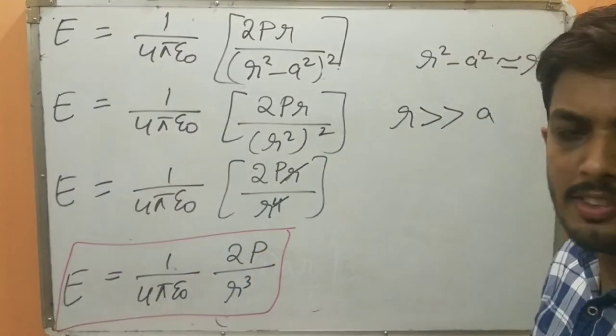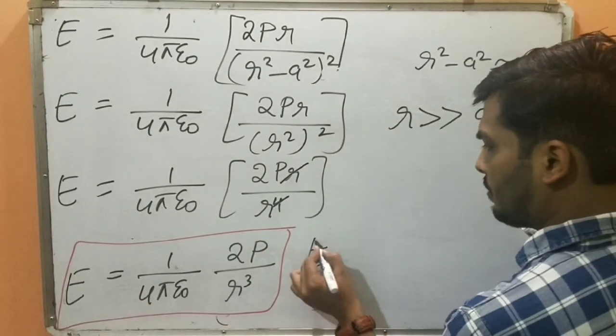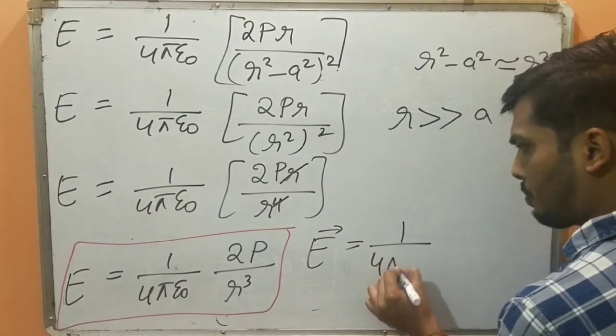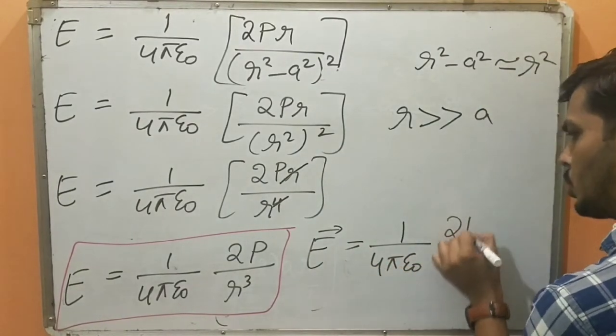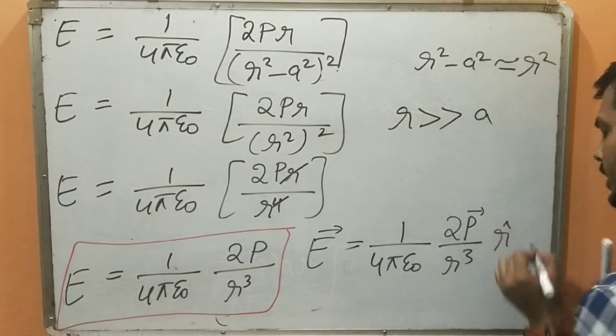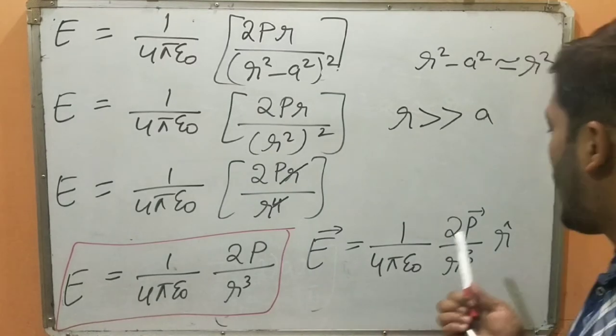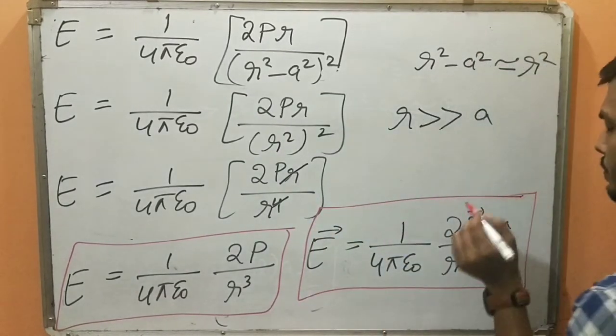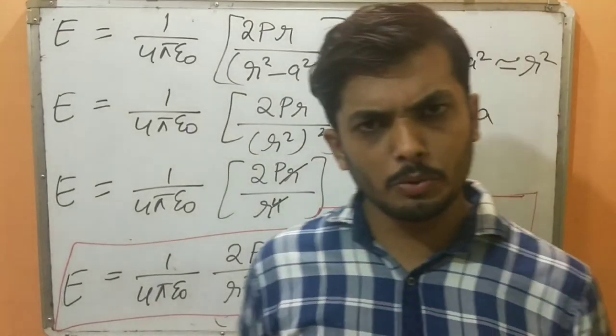You can also write the same equation in vector form. Electric field will be 1 upon 4 pi epsilon naught 2p over r cube into vector r cap, where r cap is the unit vector pointing from minus q to plus q. Have you understood this derivation?